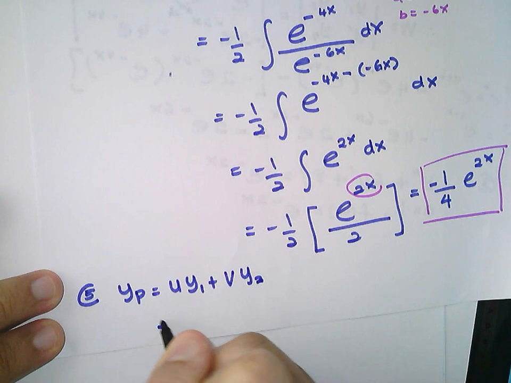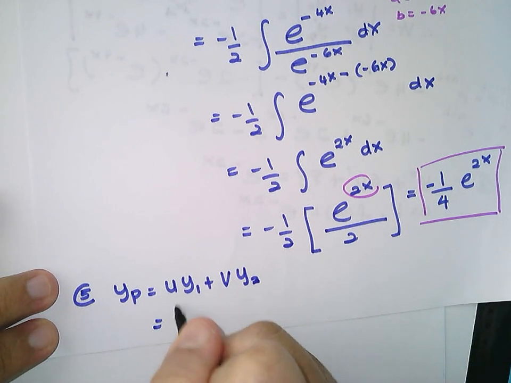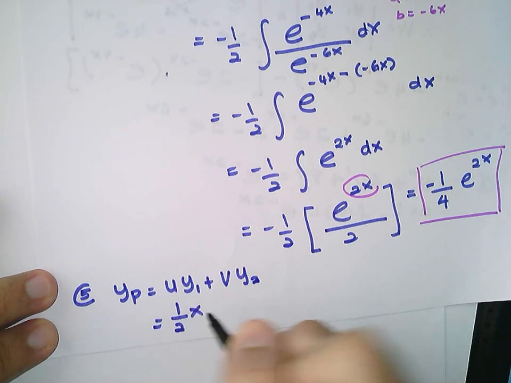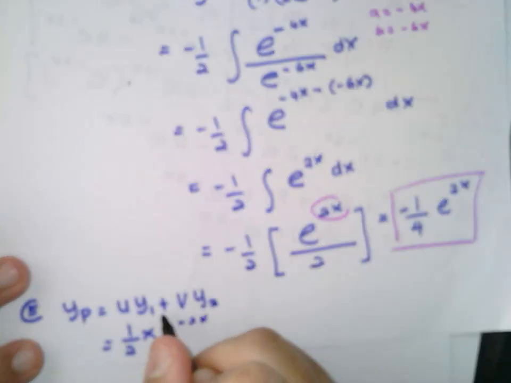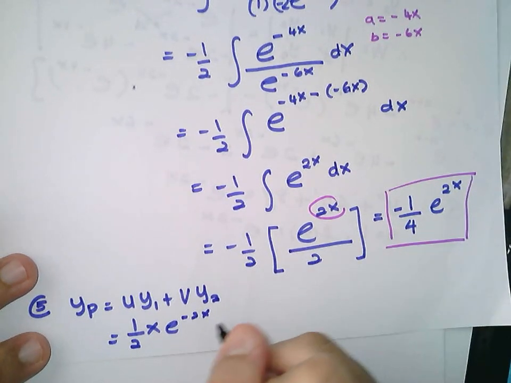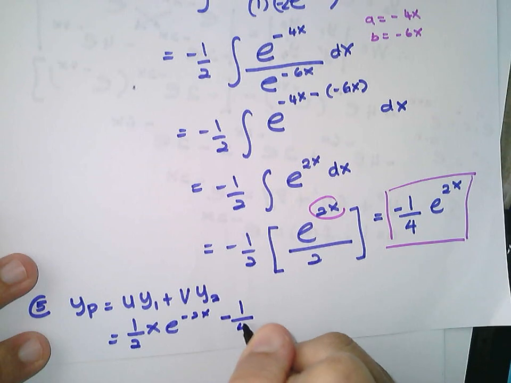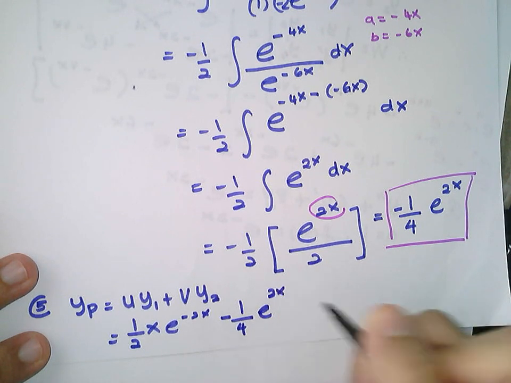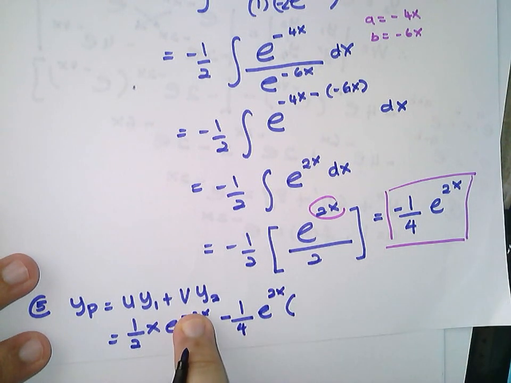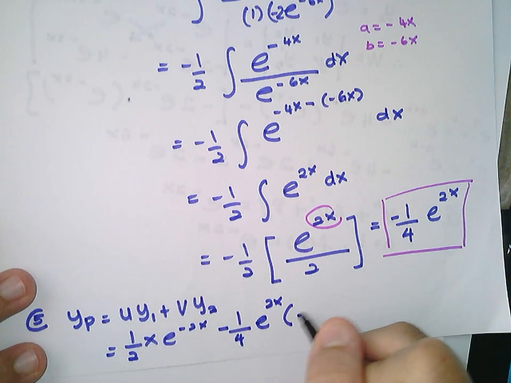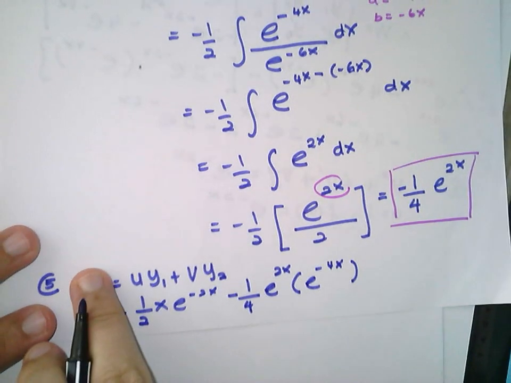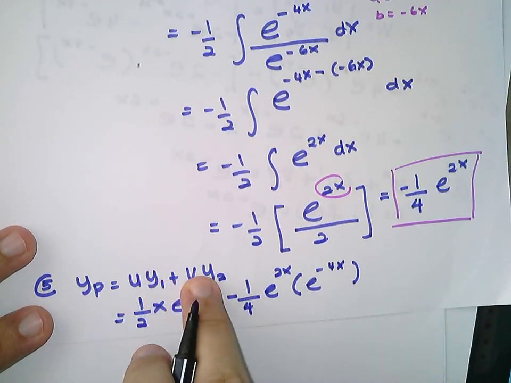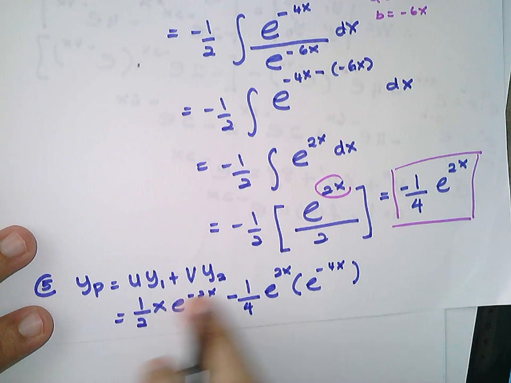Your u is equal to 1 over 2x, your y1 is equal to exponent negative 2x, plus v, your v is equal to negative 1 over 4 exponent 2x, times your y2 which is equal to exponent negative 4x. Just substitute your u, your y1, your v, and your y2, so you will have this one.